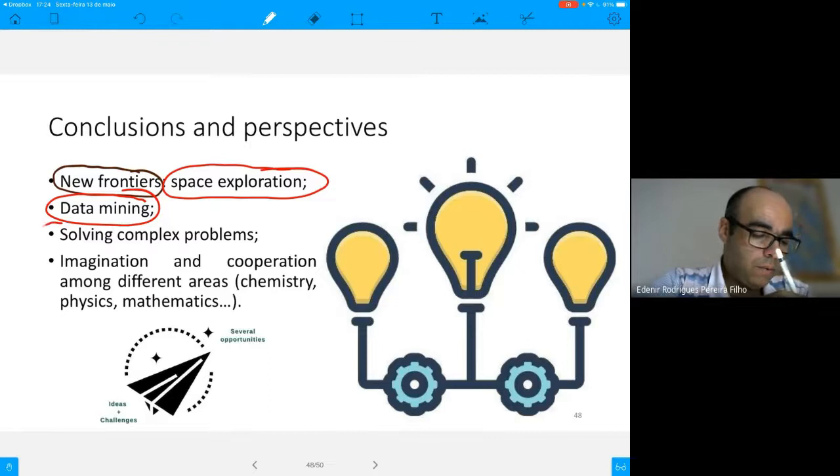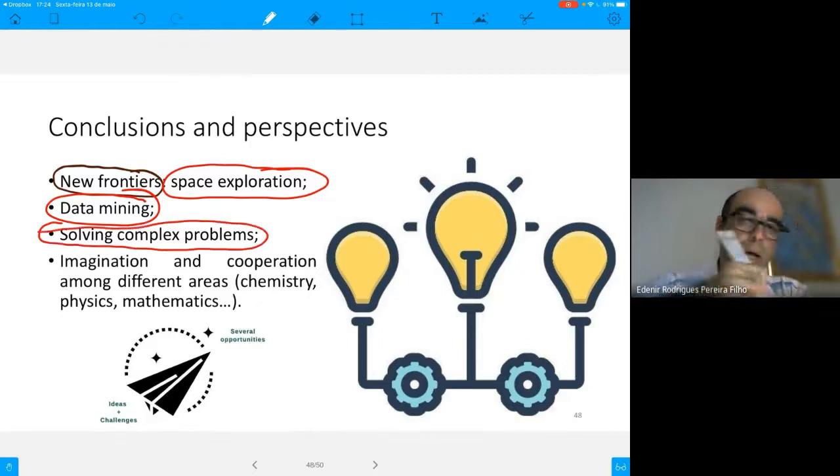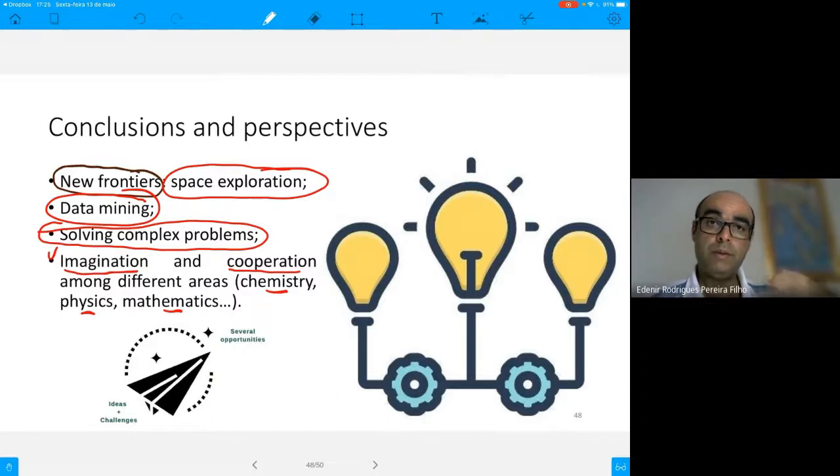We can solve complex problems as in underwater measurements. We can use our imagination and also cooperation among different areas like chemistry, physics, and mathematics in order to develop new methods, new calibration strategies that are useful for industry, for metals determination, for minerals analysis.